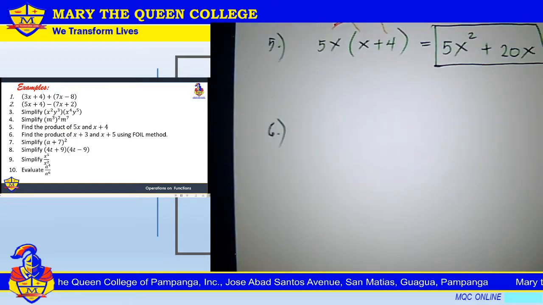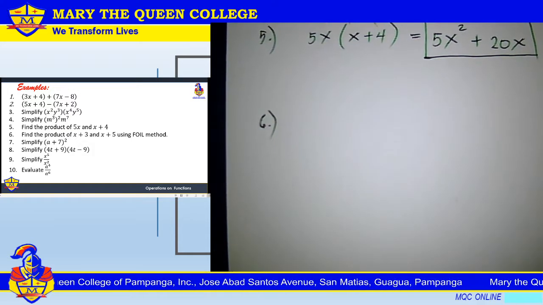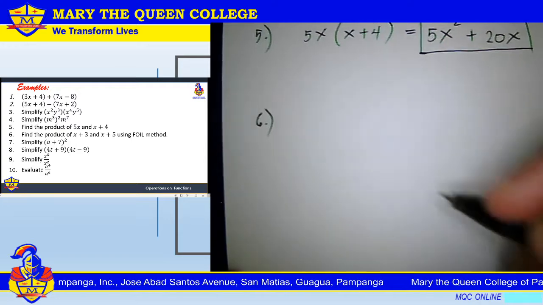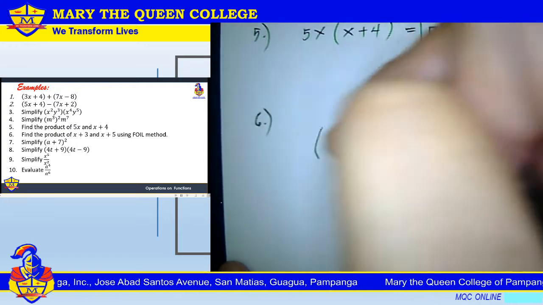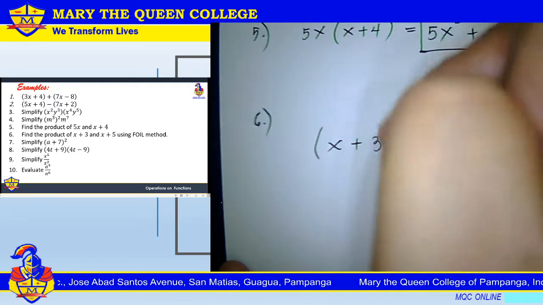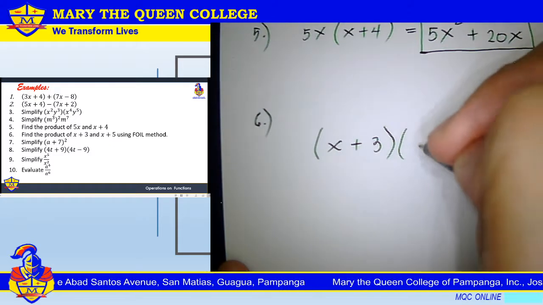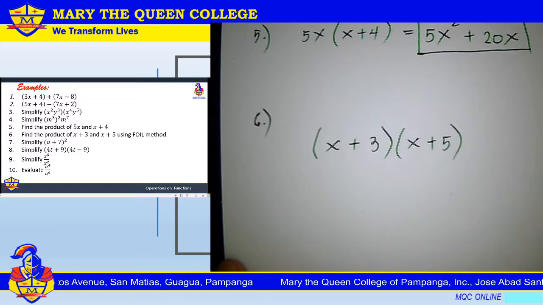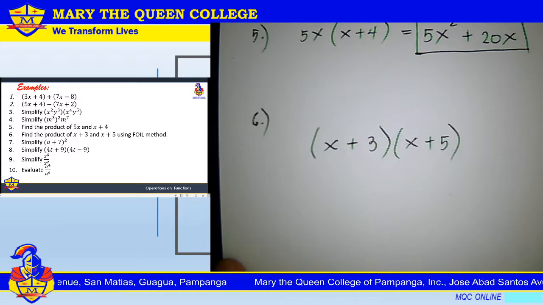And then for number 6, find the product of x plus 3 and x plus 5. So we have x plus 3 multiplied to x plus 5, using the FOIL method.